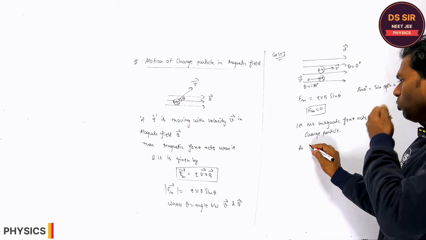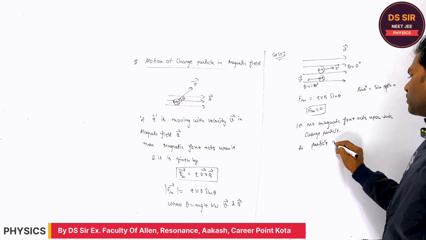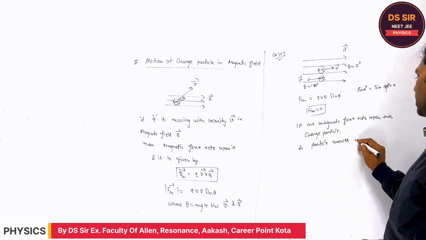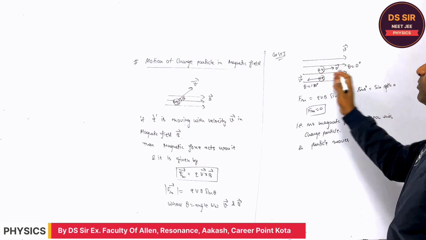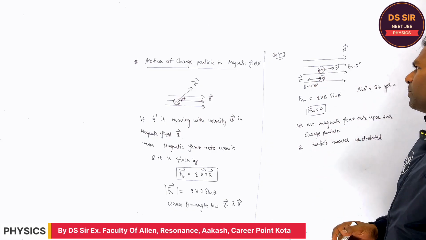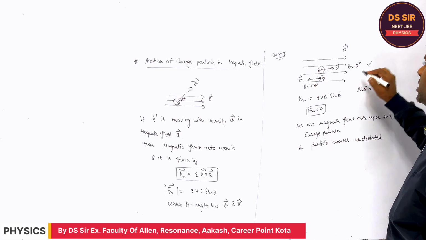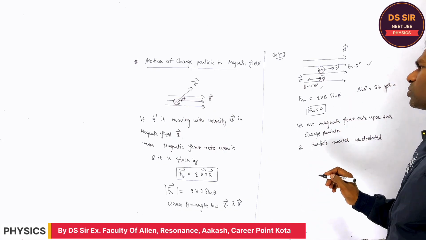So the particle moves undeviated. The magnetic force on a particle making angle theta equal to 0 and 180 degrees is 0, so no magnetic force acts upon it.